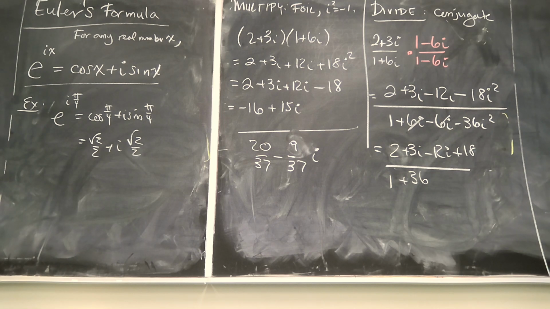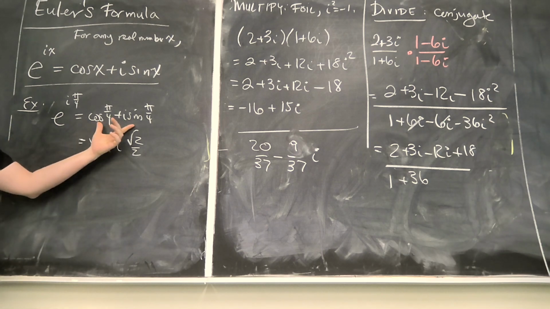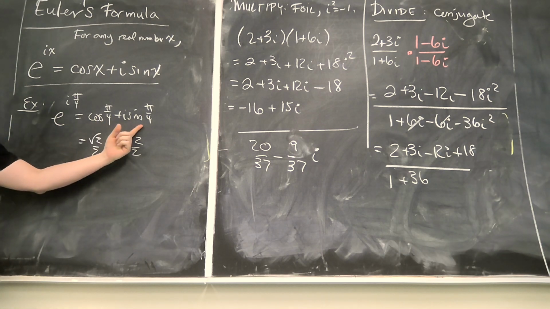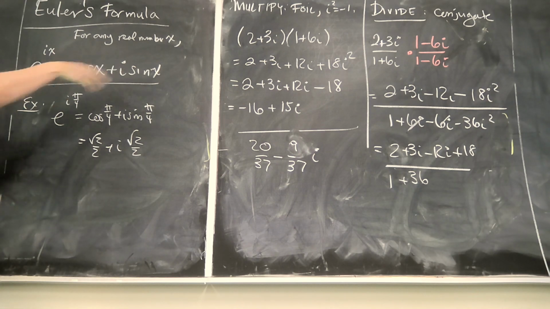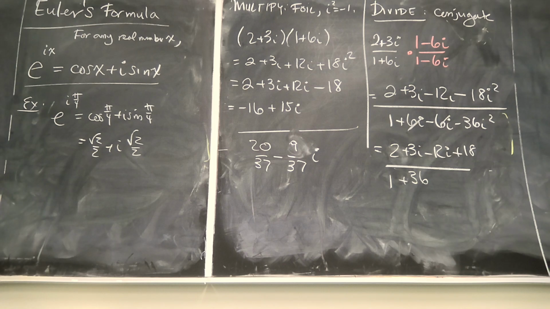And the answer is, if you put this together with the picture that I can think of this as a vector with an x-coordinate and a y-coordinate, every one of these is on the unit circle. Every e to the ix is a point on the unit circle. So this allows us to encode the unit circle without having to use cosines and sines. Without having to use vectors or an equation, I just get something that produces the unit circle.